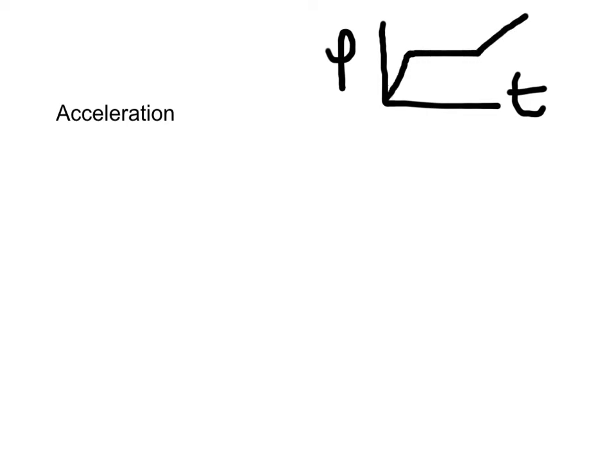Let's look at that first paragraph. Just as velocity is the rate of change of displacement with time, acceleration is the rate of change of velocity with time. So acceleration is how much velocity changes in a certain time. Just like when we took our position time graphs and we found the slope of them to get a velocity time graph.